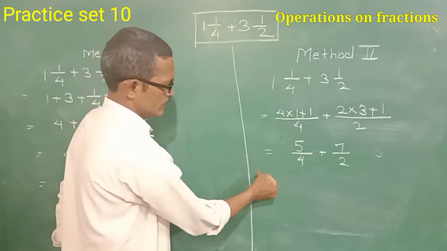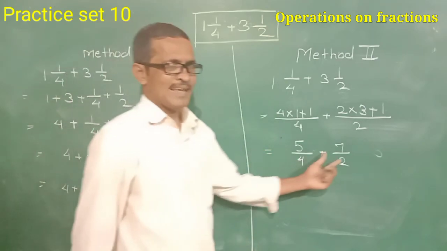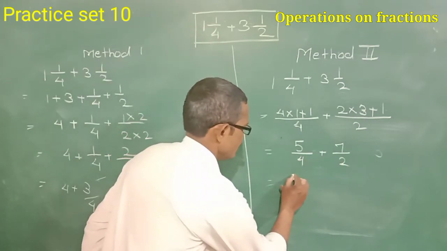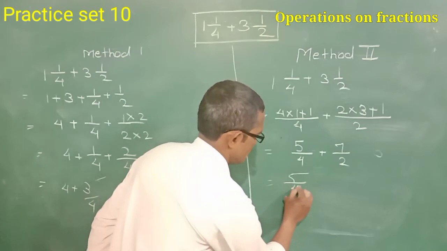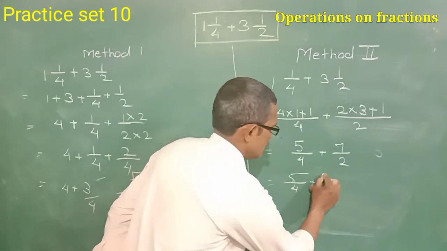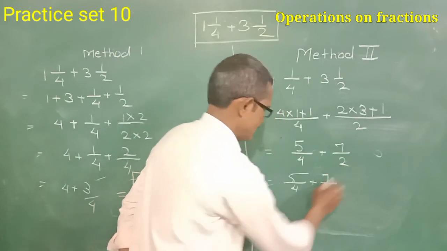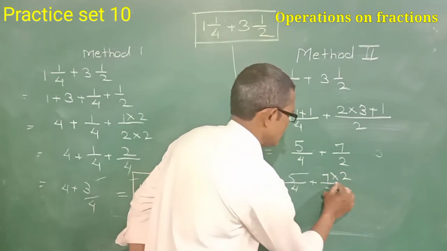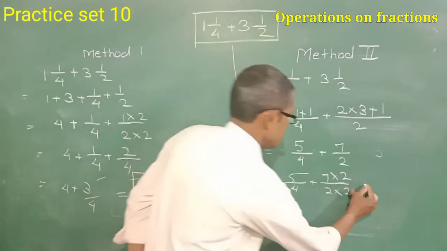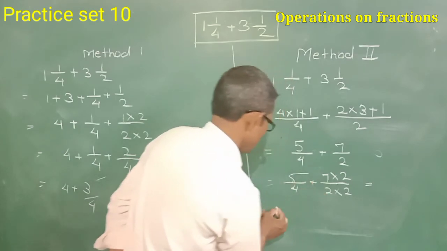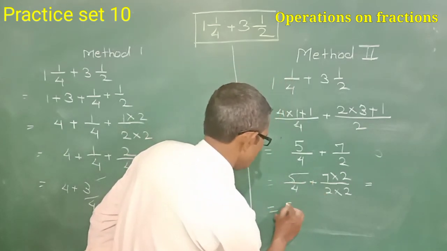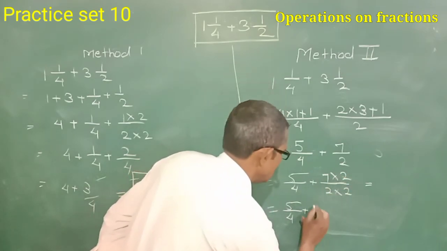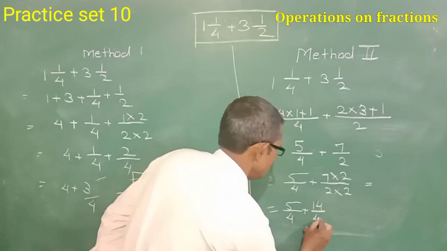which is equal to, now they are not like fractions, so we have to make them like fractions. So what we have to do, 5 upon 4 plus, we multiply this fraction by 2, so they both will be like fractions. So we get 5 upon 4 plus 7 2s are 14, 14 upon 4.